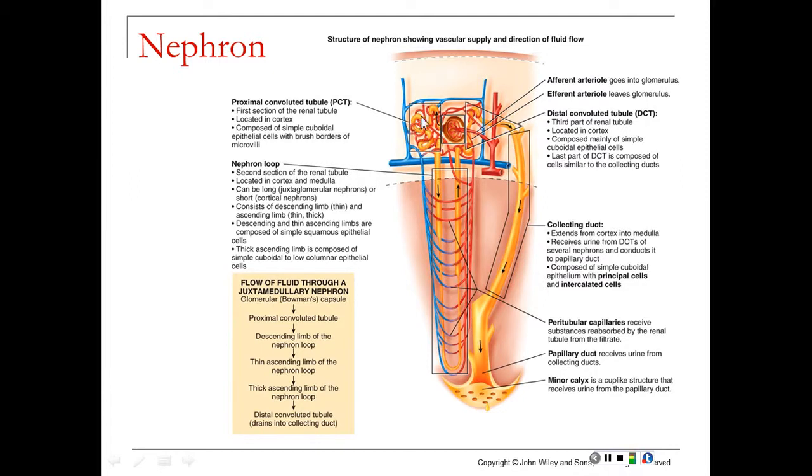This is the very first section of the tubule. This is made of simple cuboidal cells, and there's special microvilli in this area to pick up anything extra that maybe shouldn't have been taken out of the blood originally. So maybe some ions, maybe some other proteins that have accidentally been knocked out, etc.